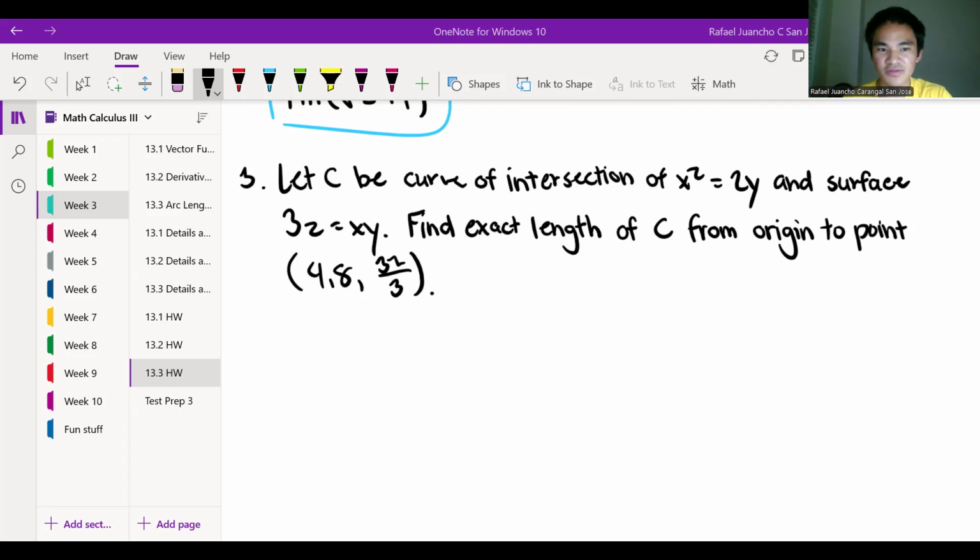So here we're given two surfaces, and we need to find that exact curve. Then once we find that curve, we need to find the length of that curve of intersection from point to point. So this is two problems in one. Let me quickly see how to do it.